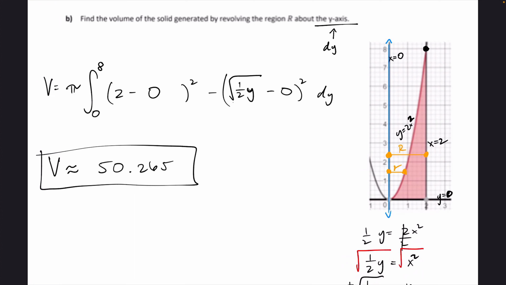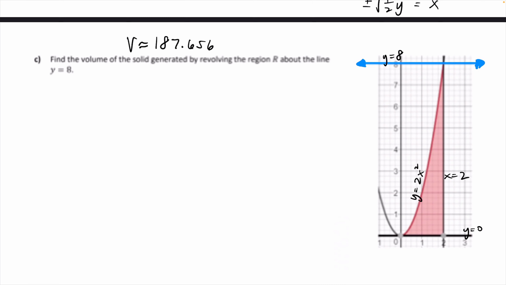Do the last one. Do C. Okay, so we have the same function, the same shaded area, but now we have a different line of revolution.